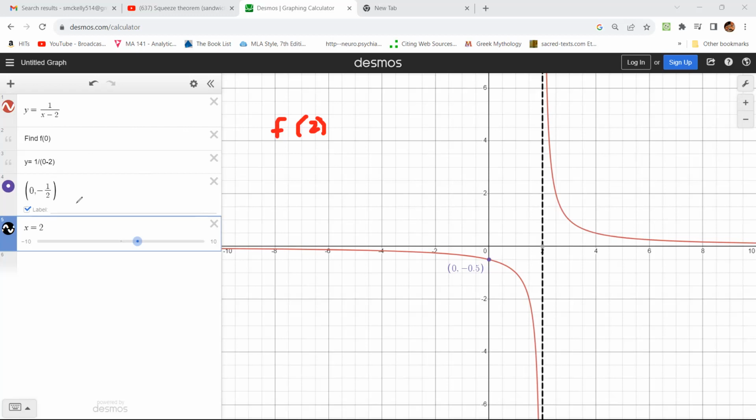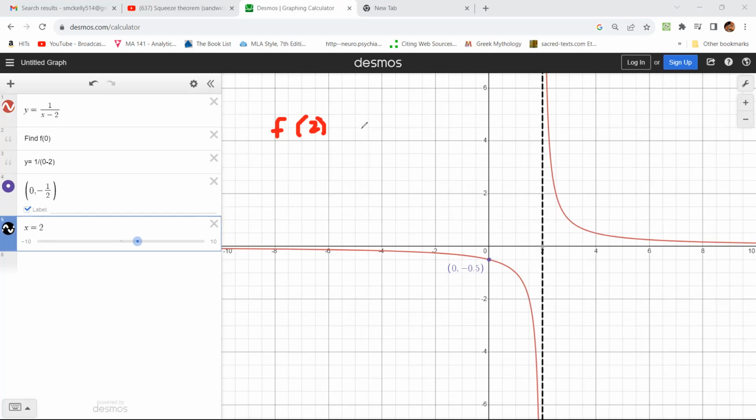Now, what is f of 0? Are you looking at the graph on my screen? Can you see it? F of 0 is negative 1/2.